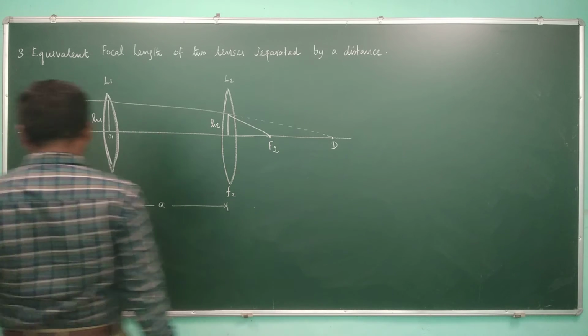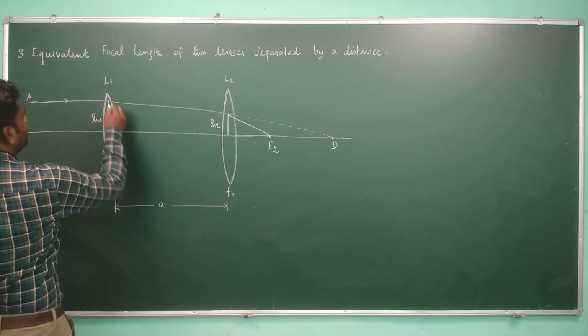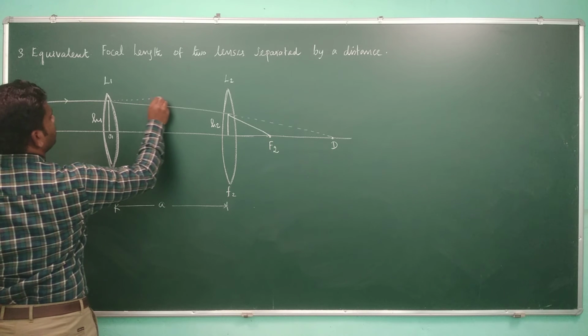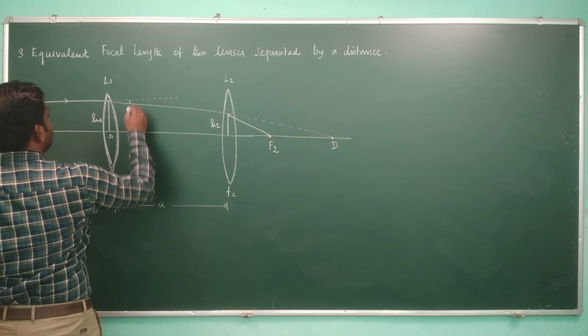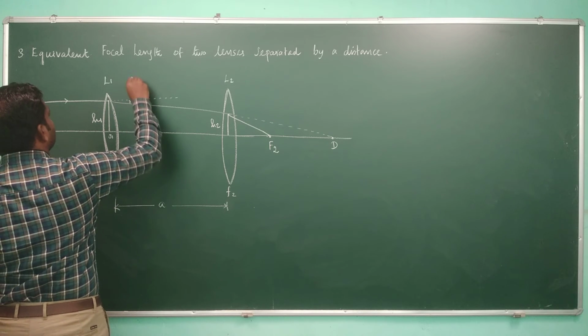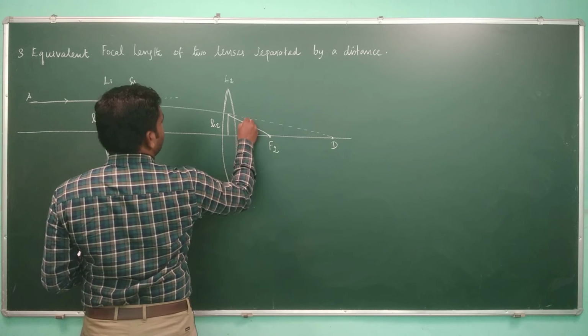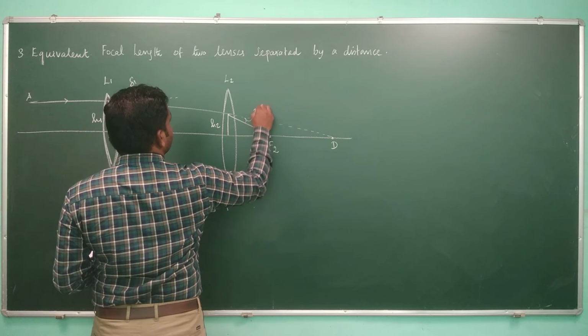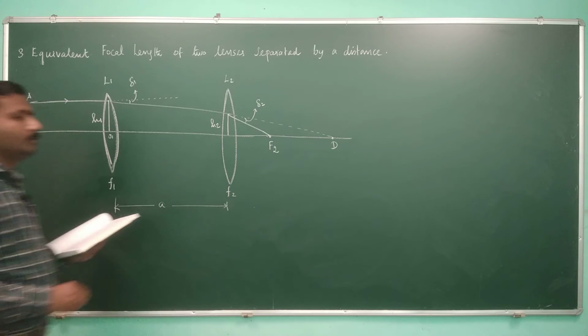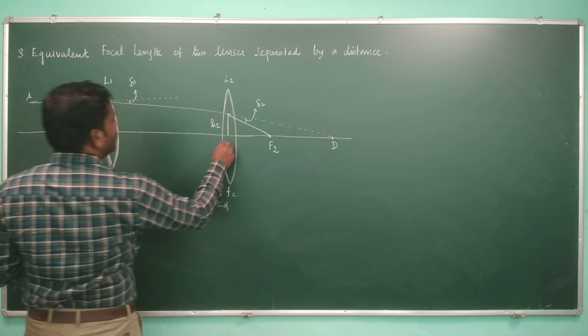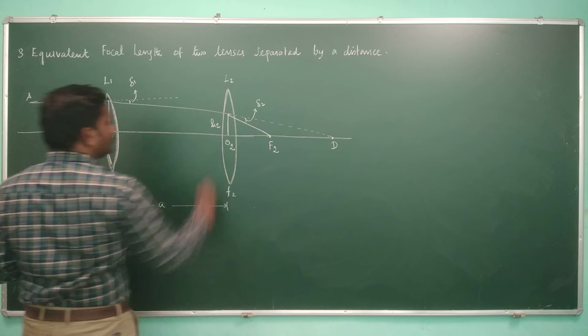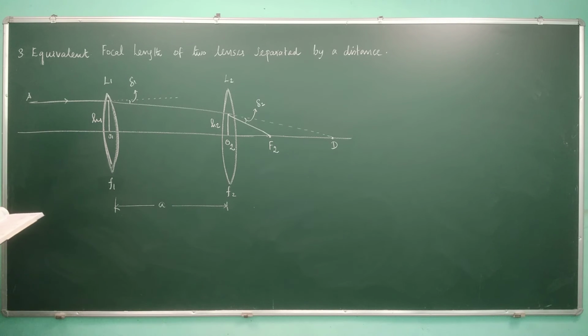Now here this is the first deviation, that is delta 1, and here this is the second deviation, delta 2, and this point is O2, right?